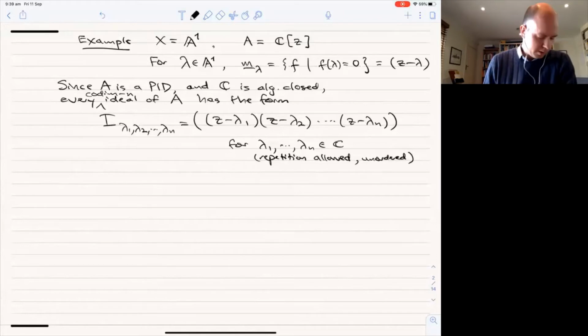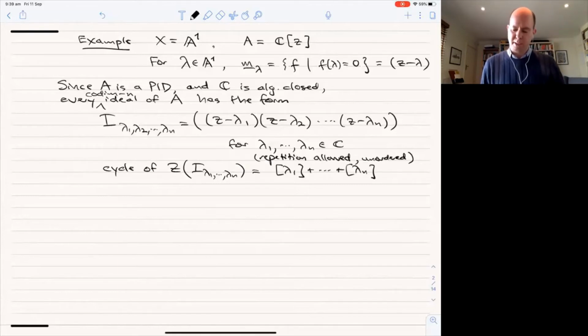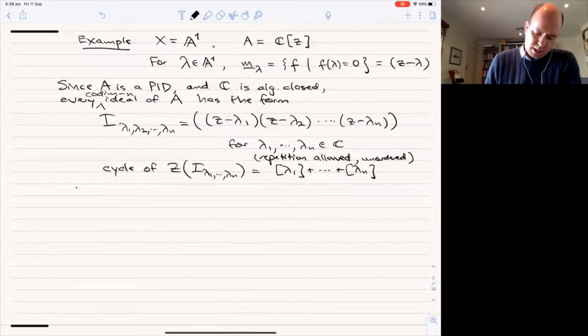The cycle of the closed subscheme in this case is just this unordered multiset of these numbers lambda 1 up to lambda n. So in this case, the cycle determines the subscheme.